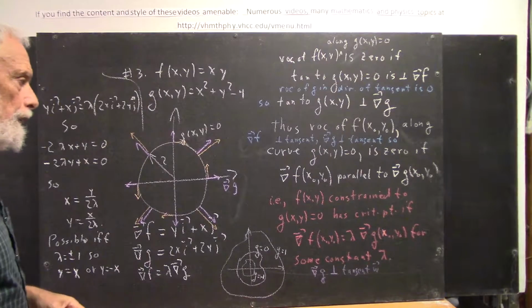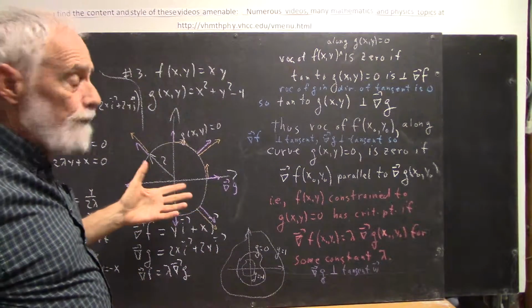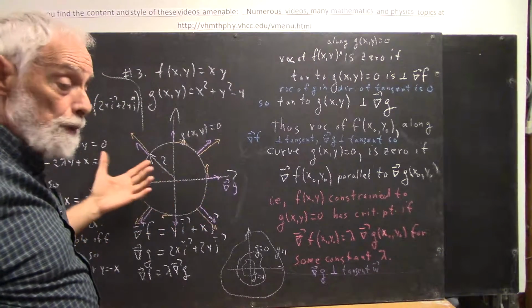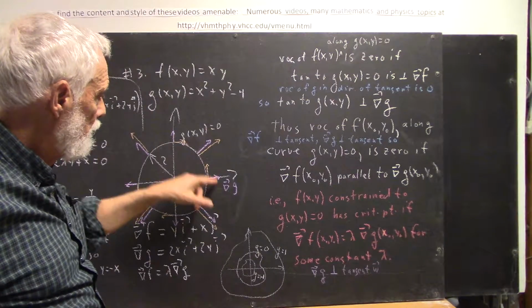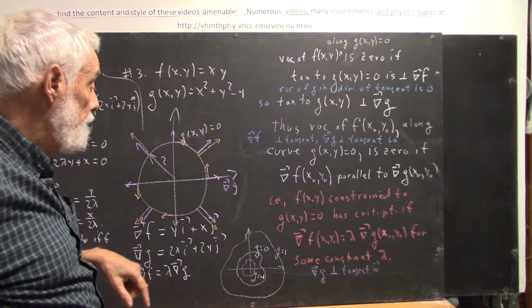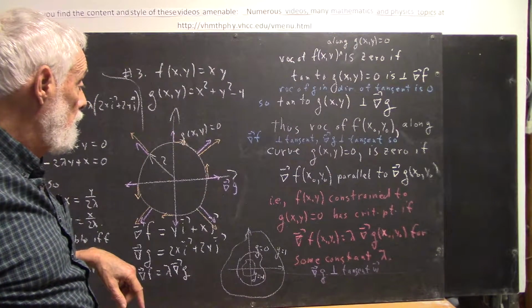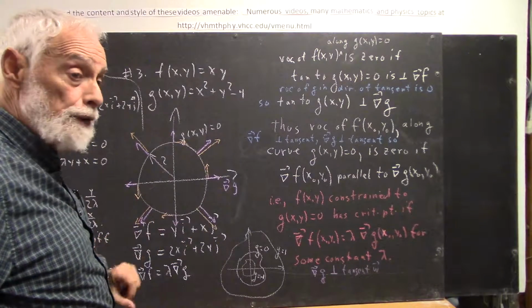Let's look at del G and del F. Del G is always the direction perpendicular to the curve. So del G is the purple vector, here, here, here, here, here, here, or here. And del F is the vector y i plus x j.